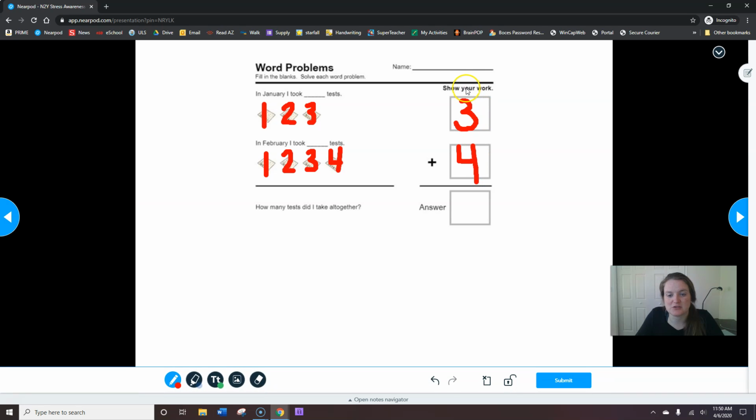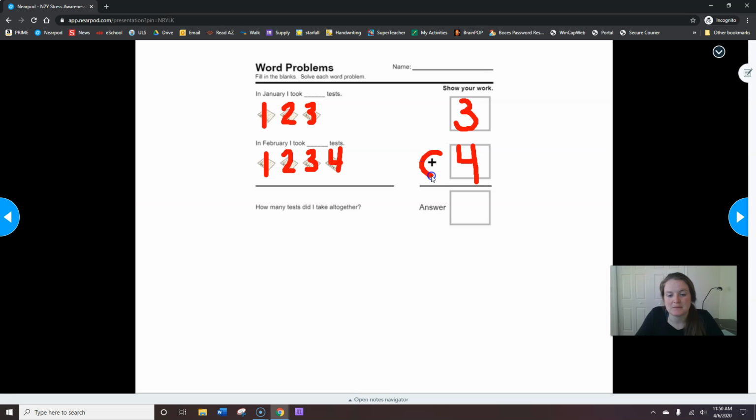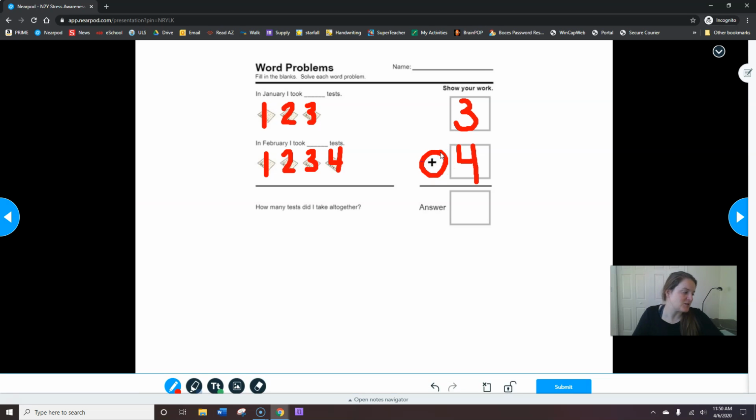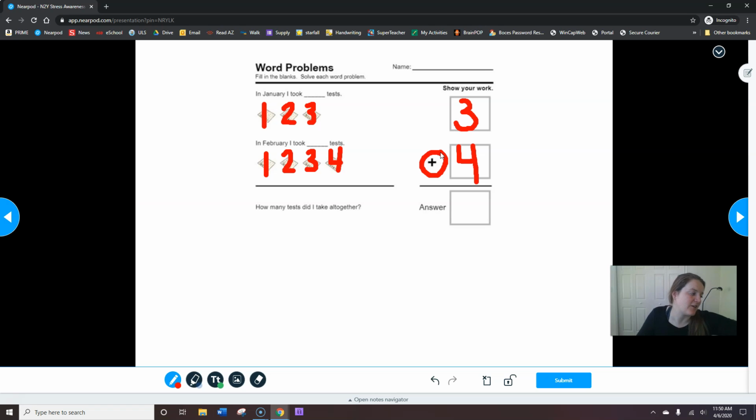So we have to show our work. 3 plus 4. Okay, so I use markers. So I have a lot of markers here. In one hand, I have 3 markers. I should probably count them. 1, 2, 3.